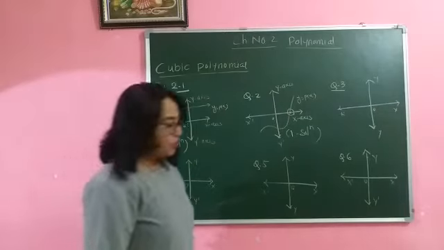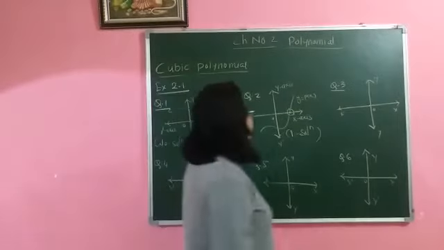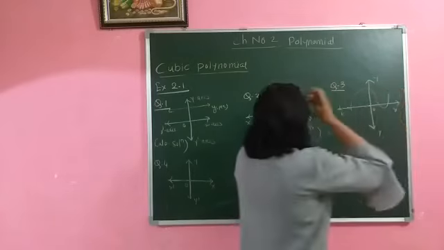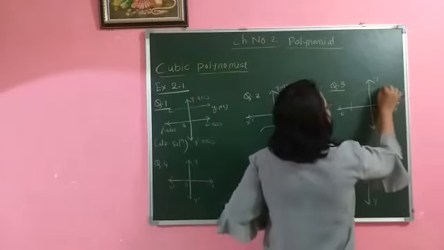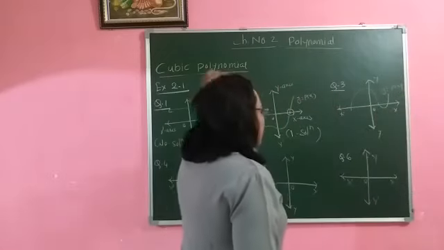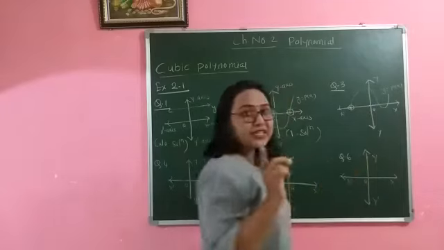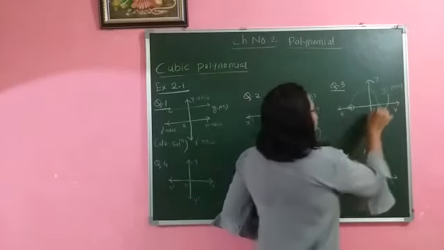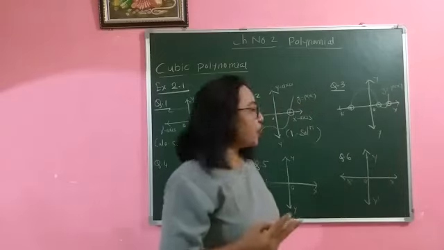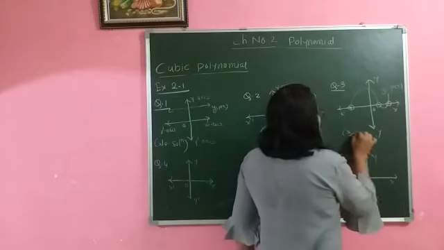Now, in the next question, this is my function y is equal to P of x. You can see how many intersecting points with the x-axis there are: 1, 2 and 3. Three intersecting points, so 3 solutions.